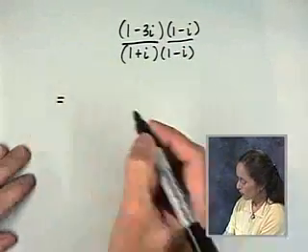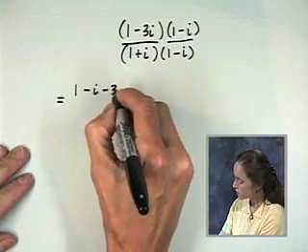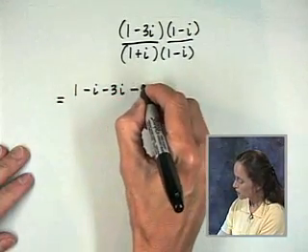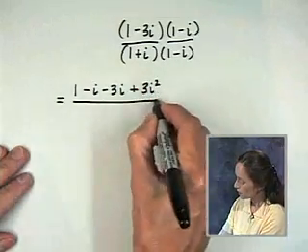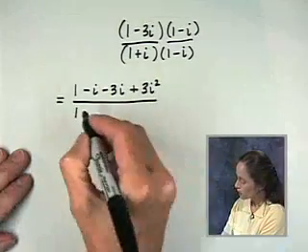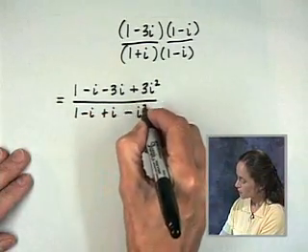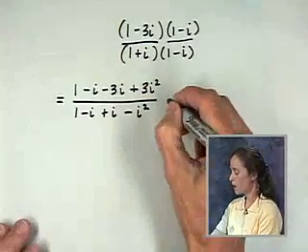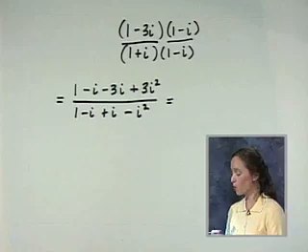Multiplying out the numerator, I end up with 1 minus i minus 3i, and then plus 3i squared. Underneath, 1 minus i plus i minus i squared. On top and bottom, I'll combine like terms and replace i squared with negative 1.